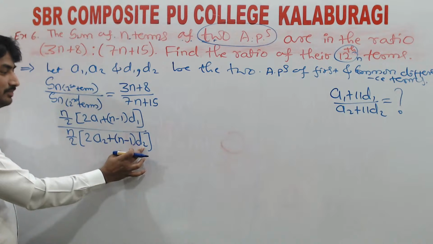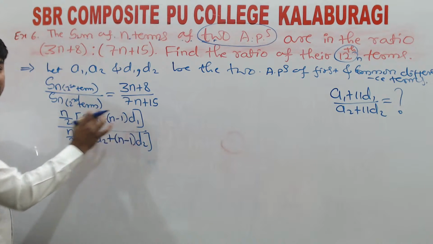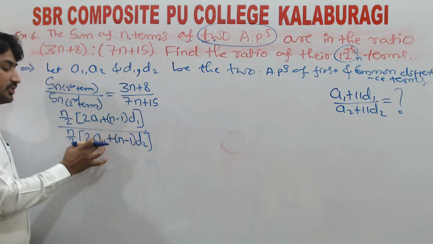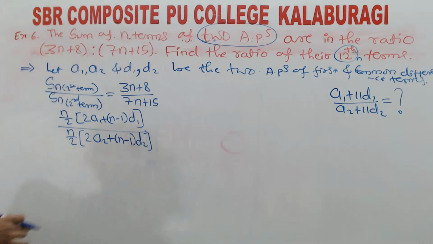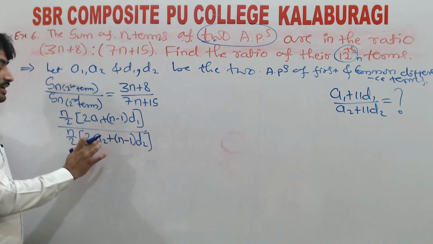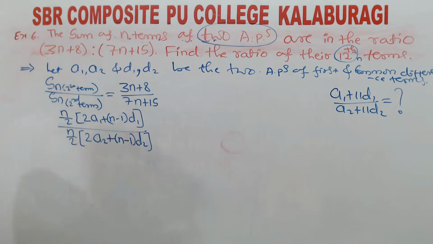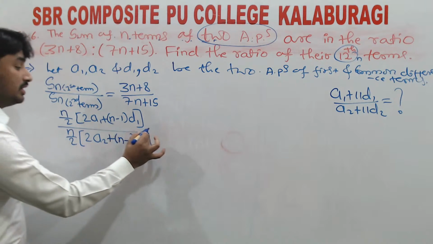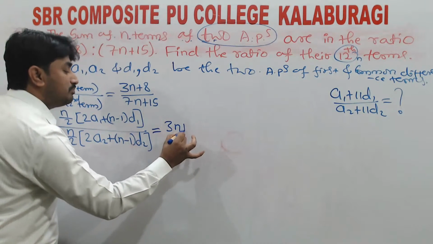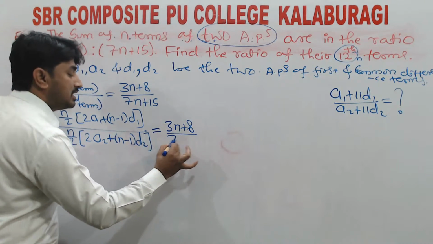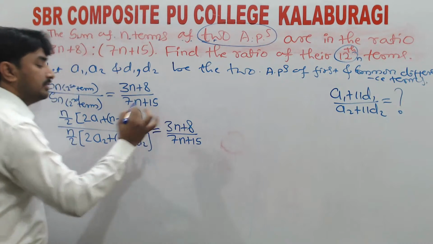Here a1 is the first term and a2 is the second term, and this is equal to 3n plus 8 divided by 7n plus 15.